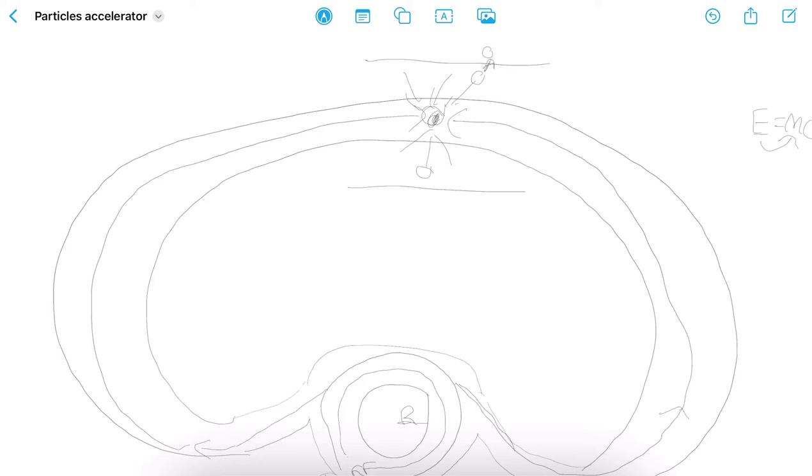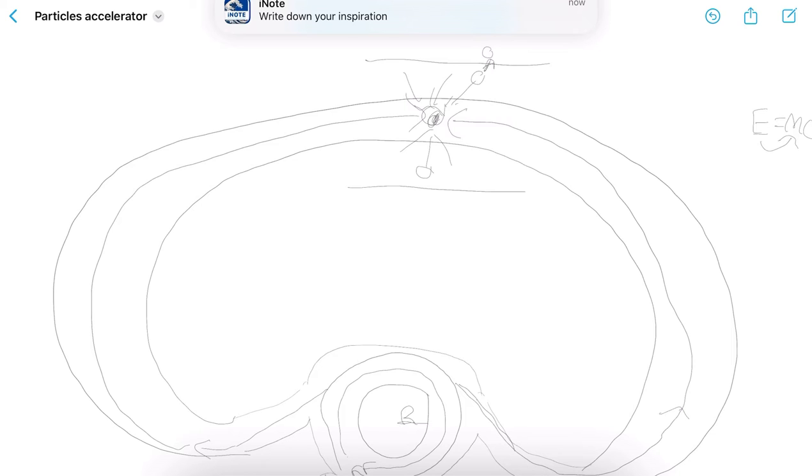For physics, we may discover more knowledge from these collision experiments, and for normal people that may not know physics, they can also benefit from the technology that arises from the knowledge we gain from the experiments.